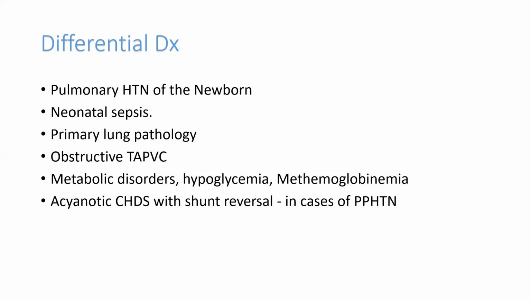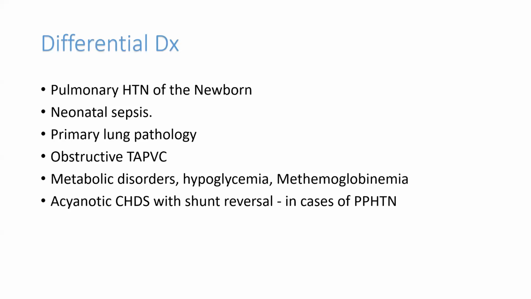Also a preterm lung pathology, for example, a preterm baby who might have intrapulmonary hemorrhage. Another condition is obstructive total anomalous pulmonary venous connection, which can also present early on.